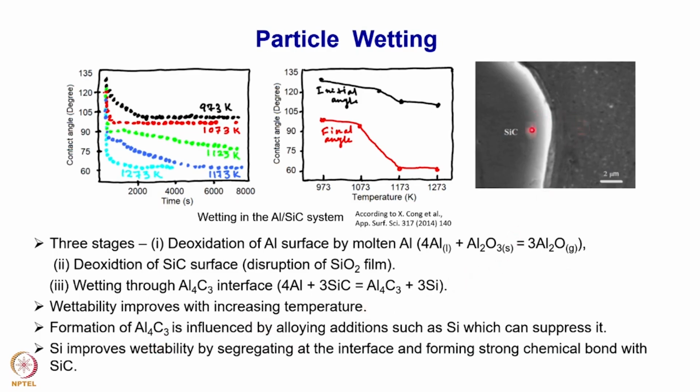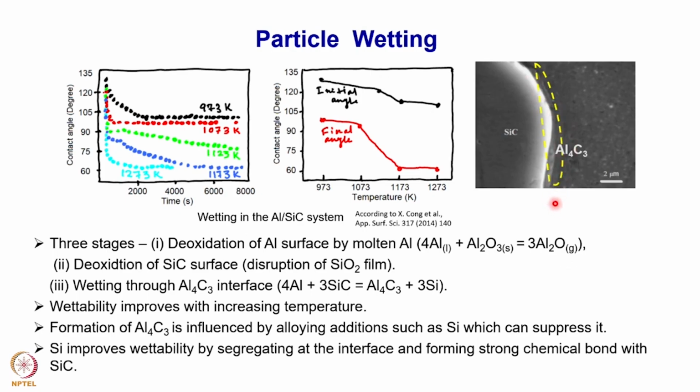This is an image which shows how this aluminum carbide layer forms along the interface. So this is the interface between silicon carbide and aluminum, and this is how the aluminum carbide interfacial layer forms.